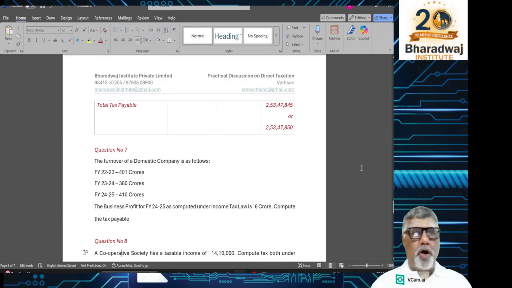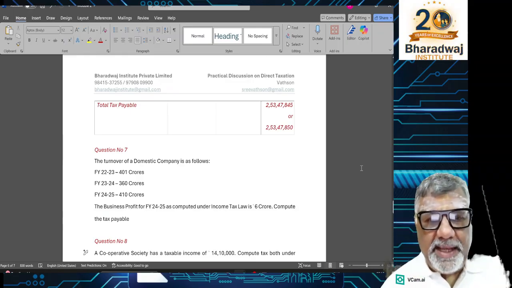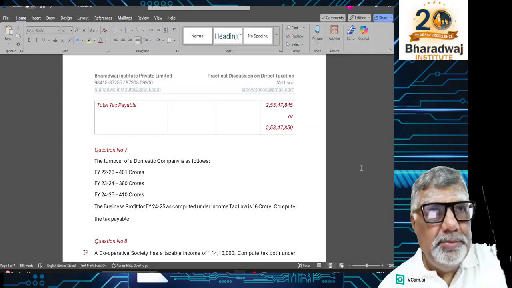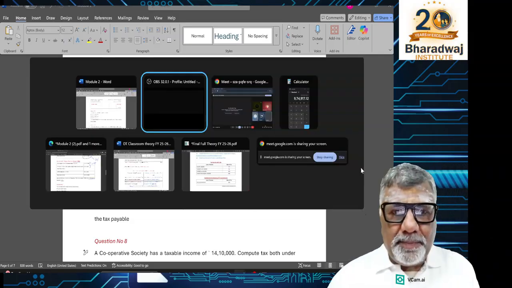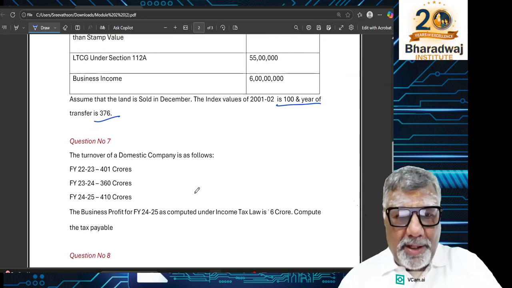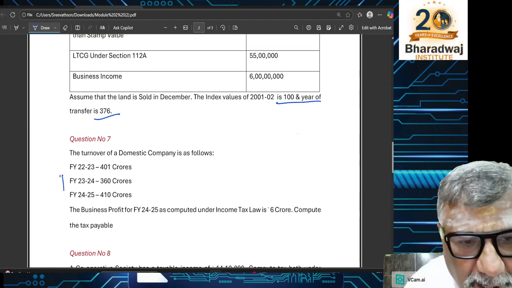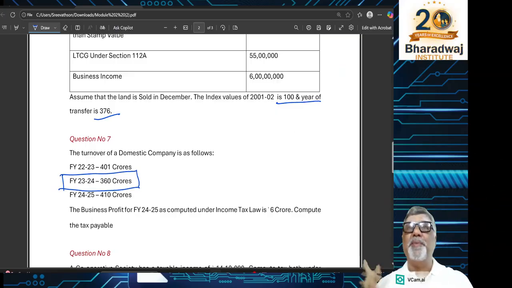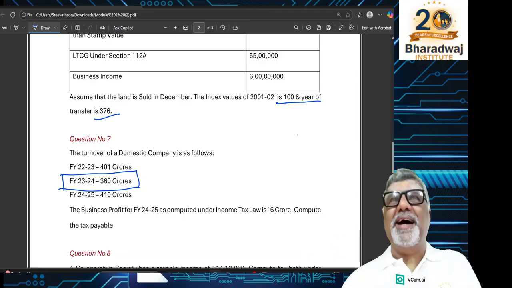The turnover of a domestic company is as follows. And remember, I am more concerned about the turnover of the financial year 23-24. I'm not bothered about the other years.